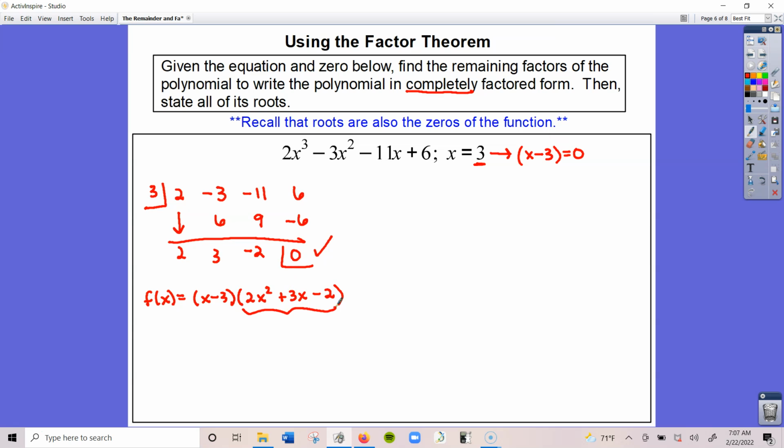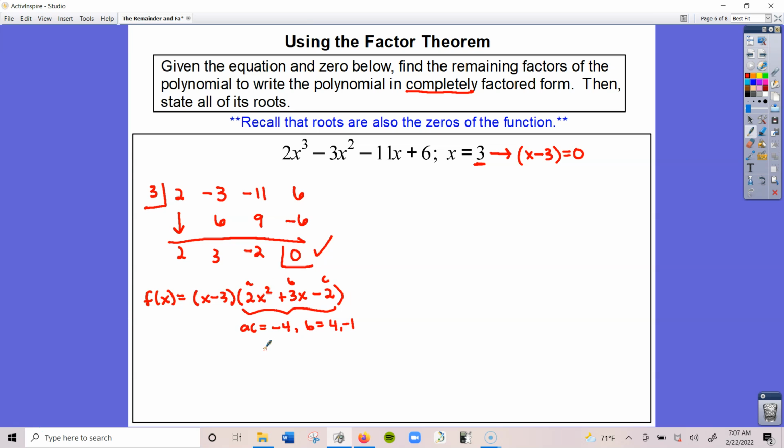So I'm focusing in on this. AC is when I multiply the 2 times the negative 2, because remember, this is A, this is B, this is C. So AC is negative 4. Then the two numbers that multiply to give me negative 4, but add to give me B, which is positive 3, would be 4 and negative 1.